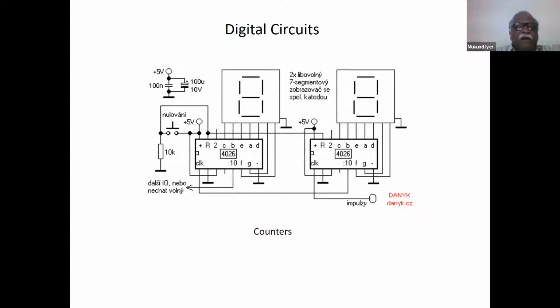Here is another set of ICs which are again dedicated. Here it is a serial to 7-segment. This is very interesting. These 7-segment displays indicate numbers, for example from 0 to 99 can be indicated.